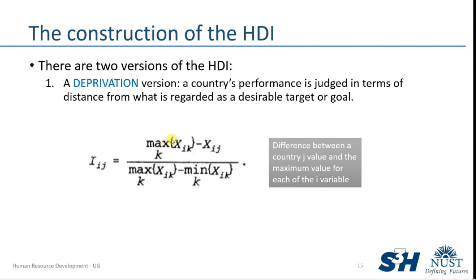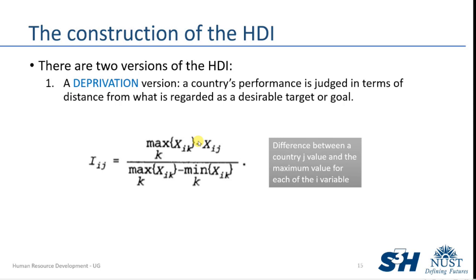So this divided by this, the same number divided by the same number, will be 1. Because this is a deprivation index, it will be higher for the countries that are doing poorly. For the country which had the lowest level of education, this will be 1. So 1 is the highest level in this index.